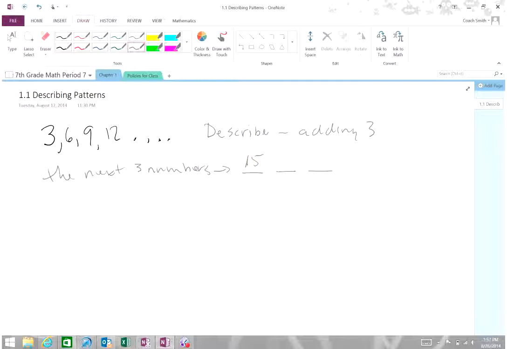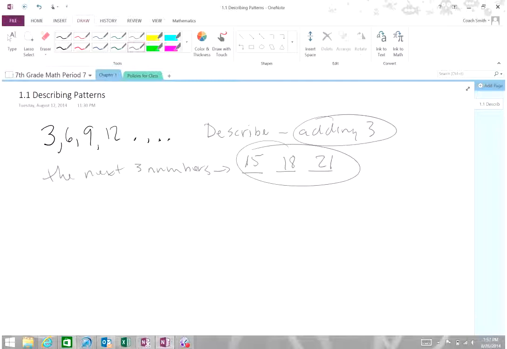Okay. The next one, Cameron? 18. The next one? 21. Okay. So the answer to the problem is adding 3 and the 3 numbers. So this and that would be the answers.